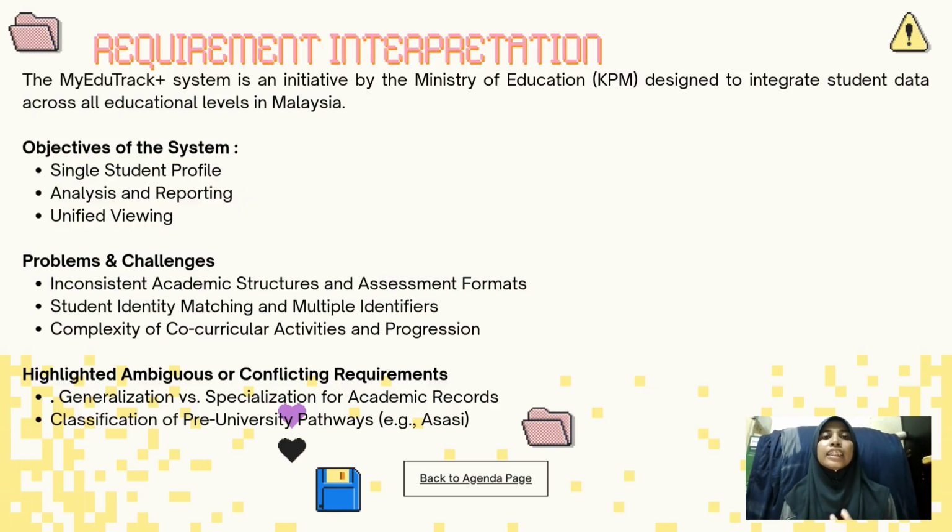And then for the highlighted ambiguous or conflicting requirements, the first one is generalization or specialization for academic records. The conflict is that Encik Rahman from the Ministry Policy Division wants a single standardized view for high-level comparison across all education stages, while Dr. Kumar, the IPTA representative, argues that oversimplifying the system into a single structure ignores distinct academic areas such as fail or pass, courses, repeated modules, and credit transfer.